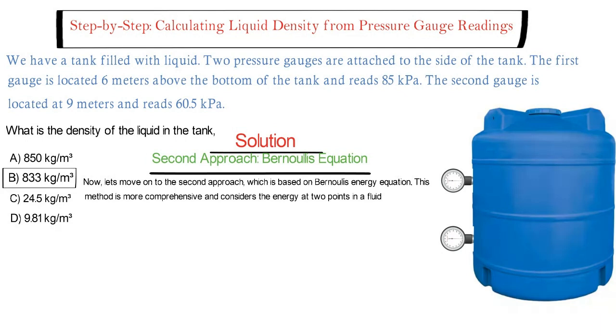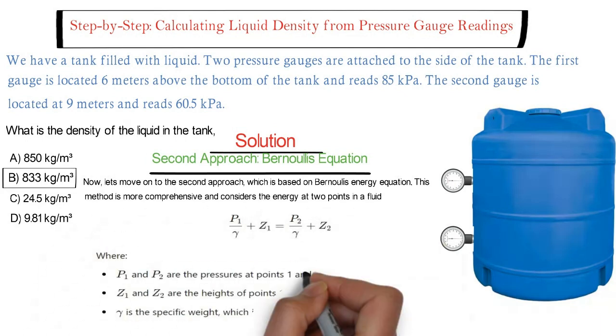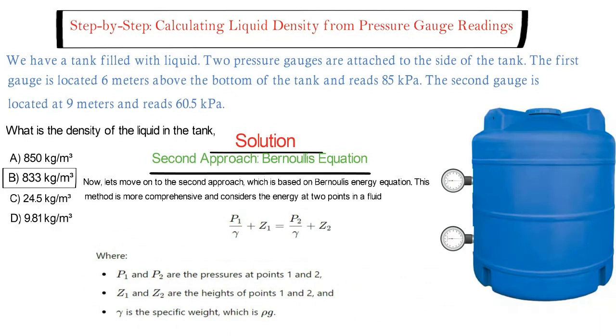And here, as we said, because the fluid is at rest and stationary, we will ignore the velocity head, and we will consider the two parameters, pressure head and potential head, at every single point.